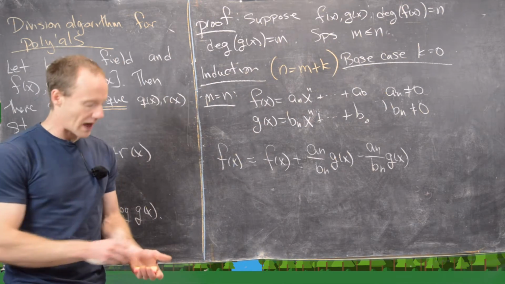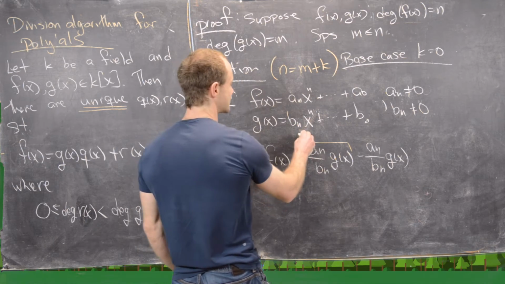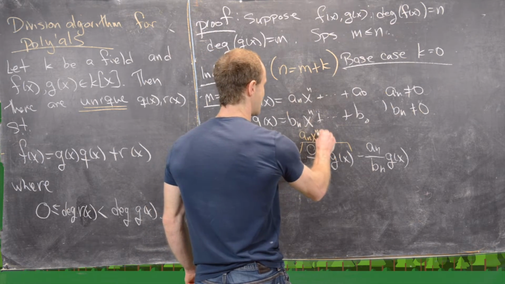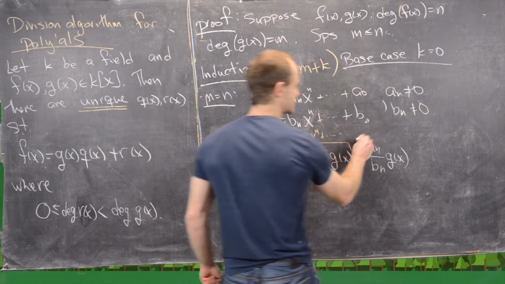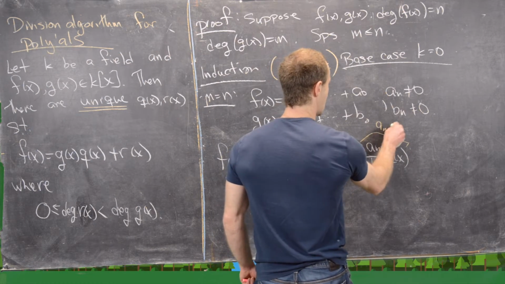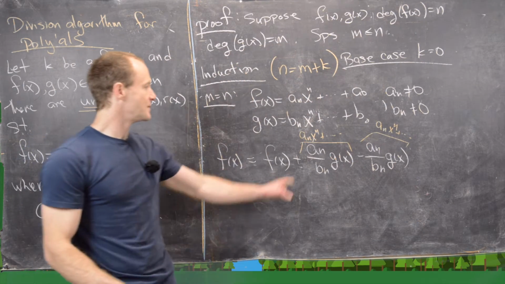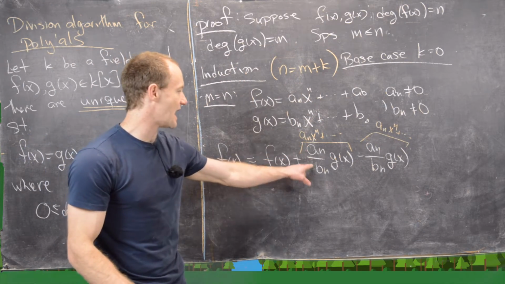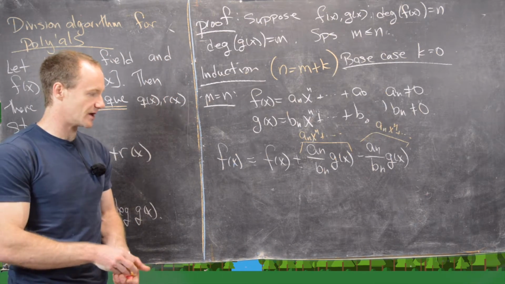Okay, so now why would we do that? Well, notice this guy right here starts off like a_n x to the n plus lower terms, which means this guy starts off the same way, a_n x to the n plus lower terms. And how do we know that? Because we're multiplying b_n by a_n over b_n, so that's obviously a sub n. Okay, good.